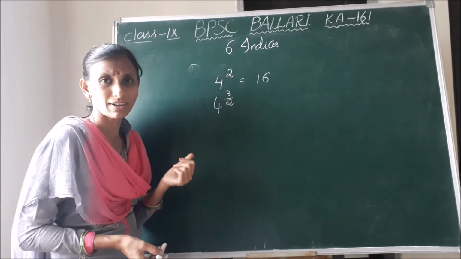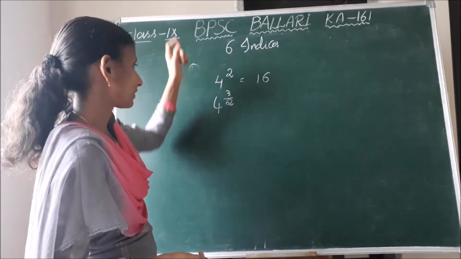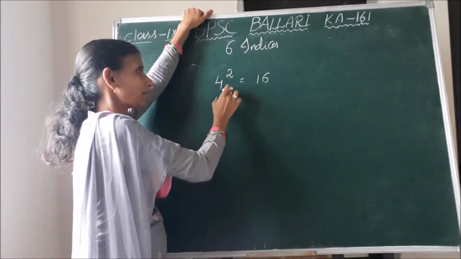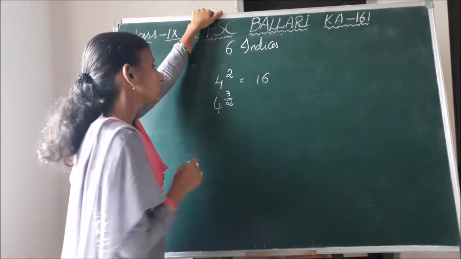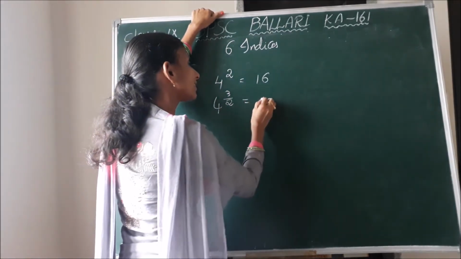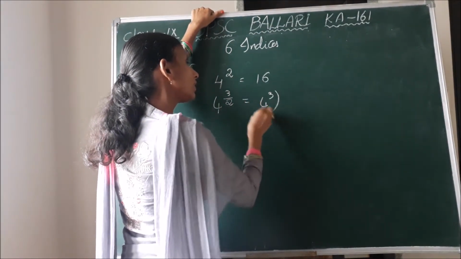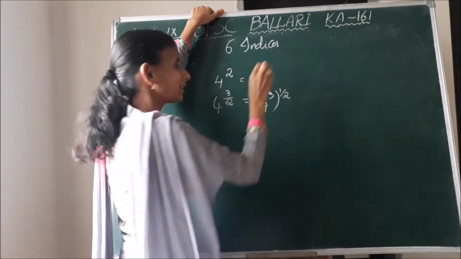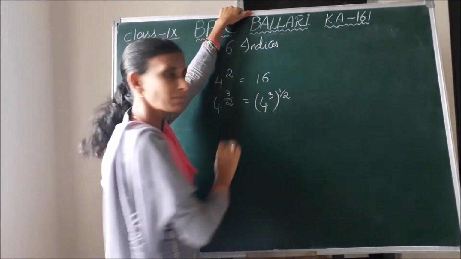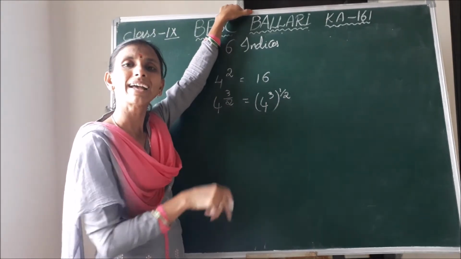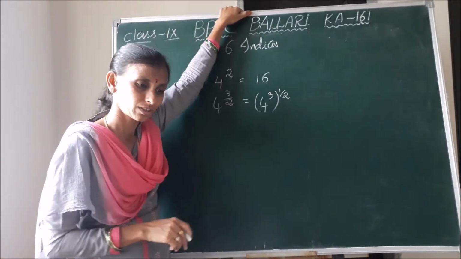How do we simplify this? If we observe, we have 4 power 3 by 2. We can write this as 4 power 3 whole power 1 by 2. Whole power 1 by 2 means we can write it as a square root.